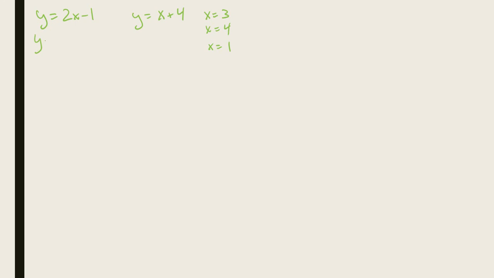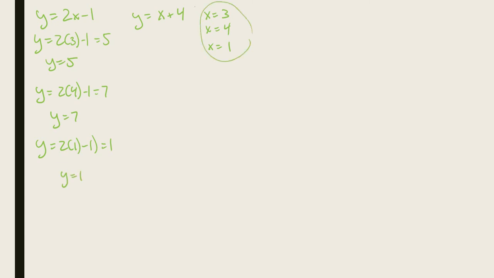So over here I'm going to do y equals 2 times 3 minus 1, which is 5. So y equals 5. I'm going to do y equals 2 times 4 minus 1, which equals 7. And I'm going to do y equals 2 times 1 minus 1, which is 1.